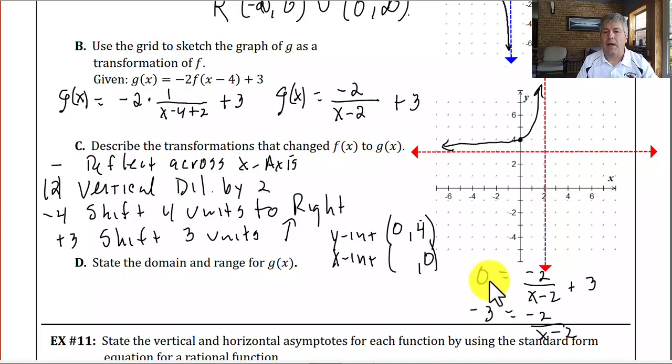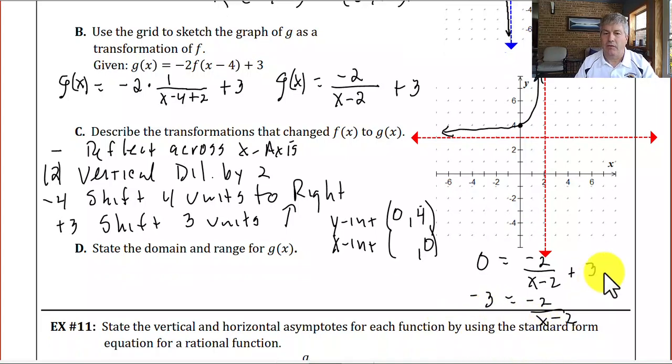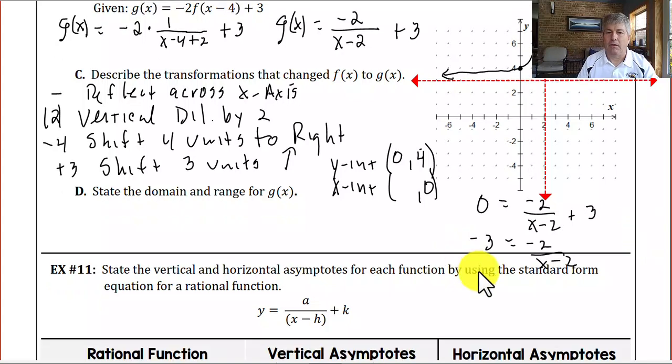So I set my output equal to 0. I subtracted 3 from both sides. Once I multiply both sides by x minus 2, my notes are going down into the next sample problem here, but we get negative 3x plus 6 equals negative 2.